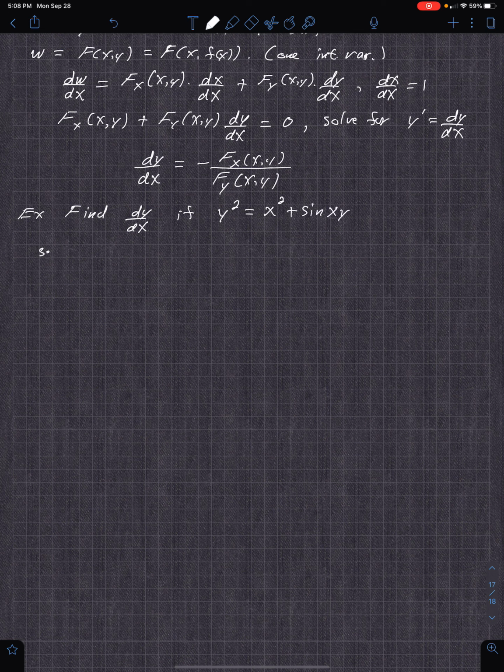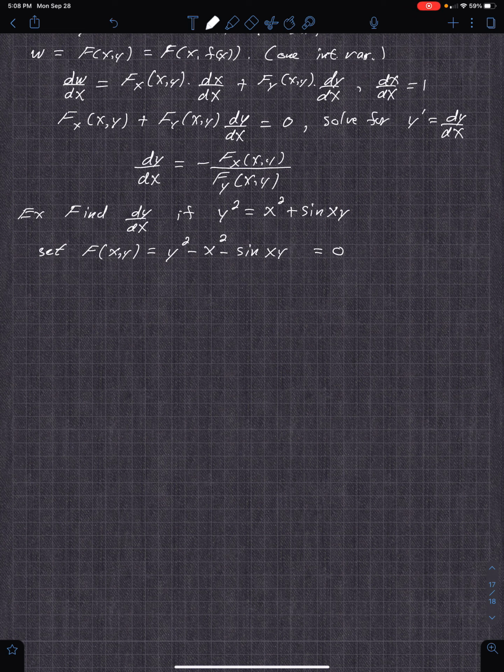So then what you do is you set capital F of x, y equal to y squared minus x squared minus sine of xy, setting everything equal to 0. I wrote that wrong, it should just be xy. You can put parentheses around that xy if you want.